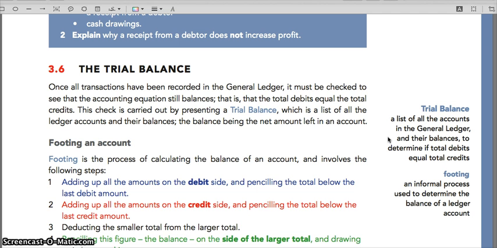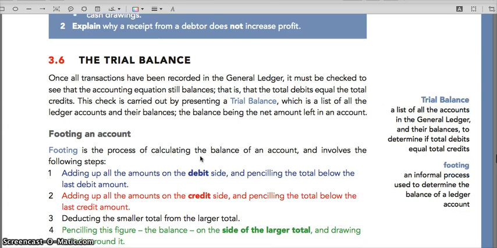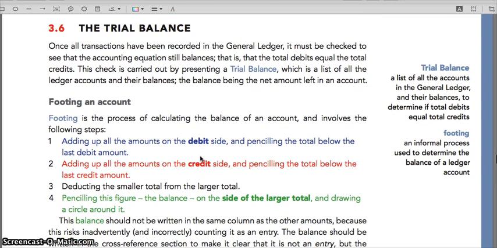So basically, you have to foot the account, and then you essentially just use that figure that you've calculated during the footing of the account process to produce the trial balance, and then eventually you would use that trial balance to produce the balance sheet.